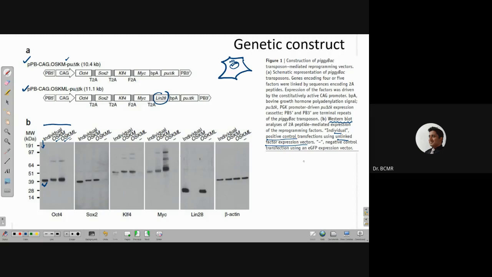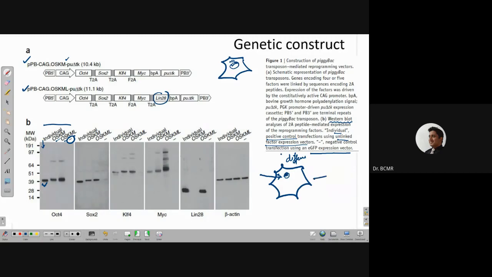And the negative control here, the minus that is present, is just a negative control transfection using EGFP expression. Say, for example, this is a somatic cell, a completely differentiated cell, and I am trying to transfect the vector to see if this is going to be expressed or not.